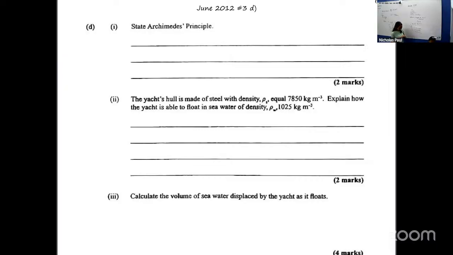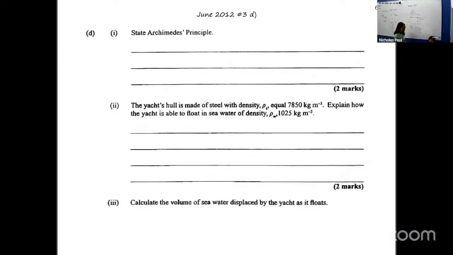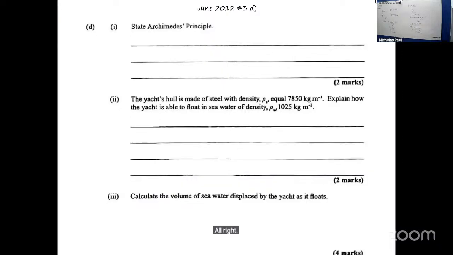Yeah, we'll come down. All right, good job, Sophia. Excellent.